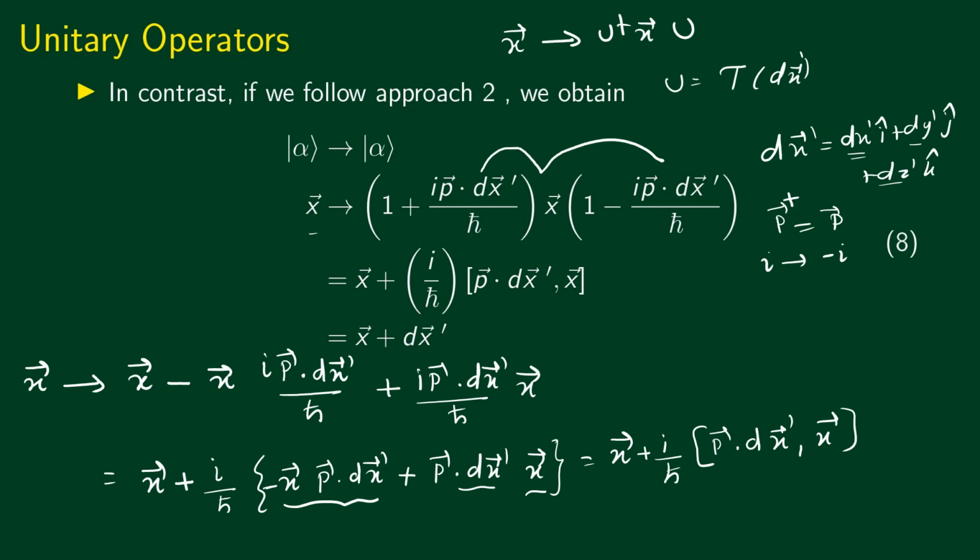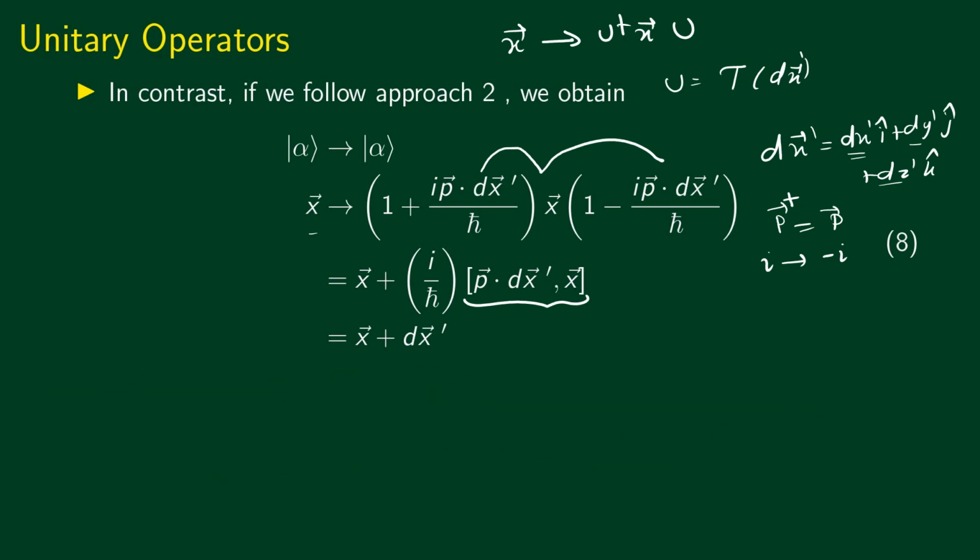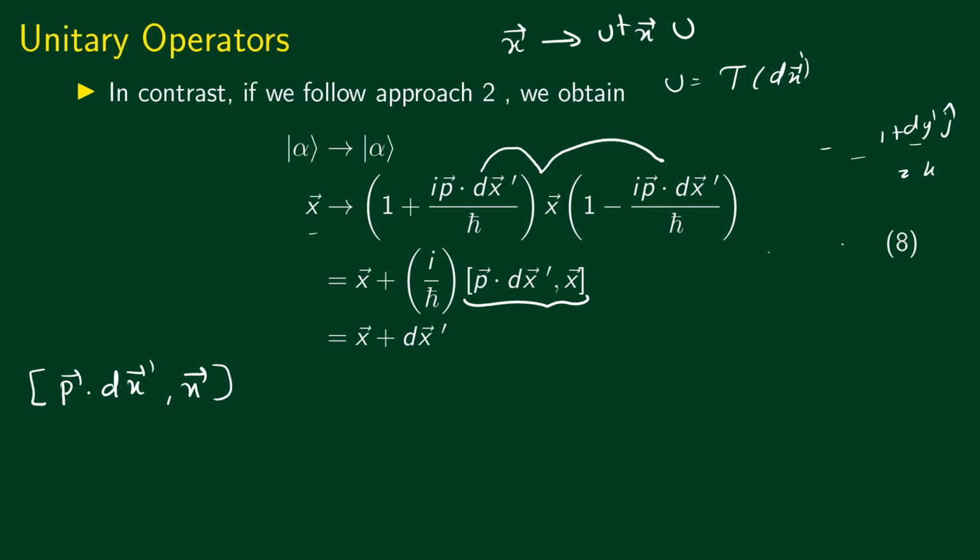Now we have to evaluate this commutator: p vector operator dot dx vector prime comma x vector operator. Note that p vector is a vector operator. It has three components, so we can write p vector is equal to px operator i hat plus py operator j hat plus pz operator k hat.